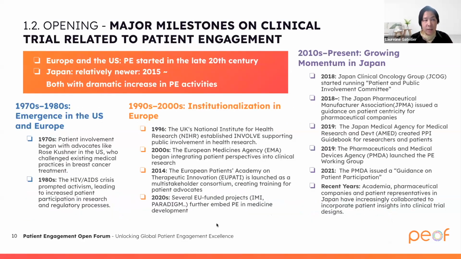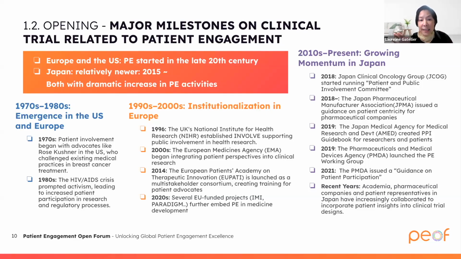Next slide, please. Okay, it's just the history of patient engagement in clinical trials. In the West, it's quite long. You see, it started in the 1970s, and then in the 80s, quite a lot of people know about how the HIV people were activists to advance the cause of patient engagement in clinical trials.